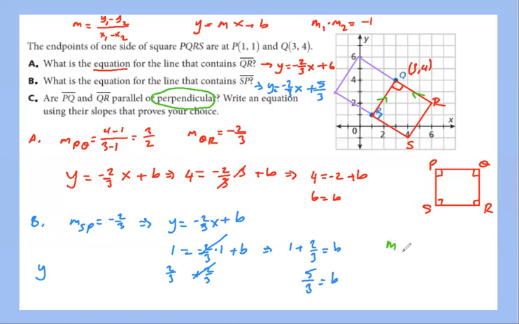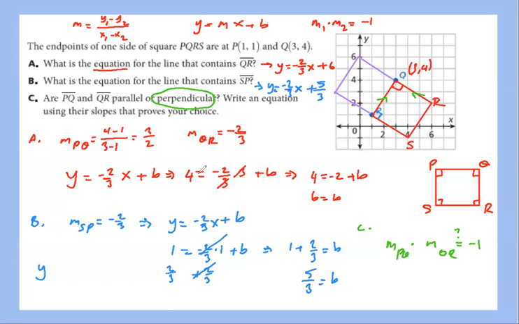So the slope of PQ times, I'm going to call this C, the slope of QR, has to be -1 in order for them to be perpendicular. So let's see if this is the case.